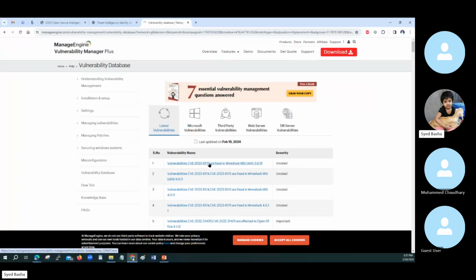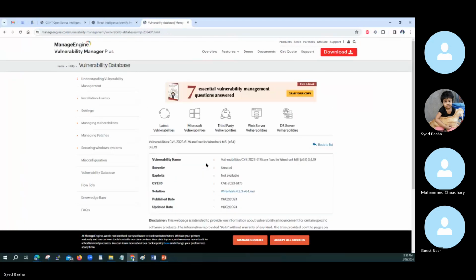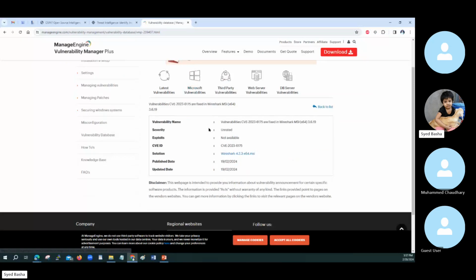Wireshark is a program. If you click it, see this. Now I wanted to focus. This is the vulnerability name. Severity is unrated.